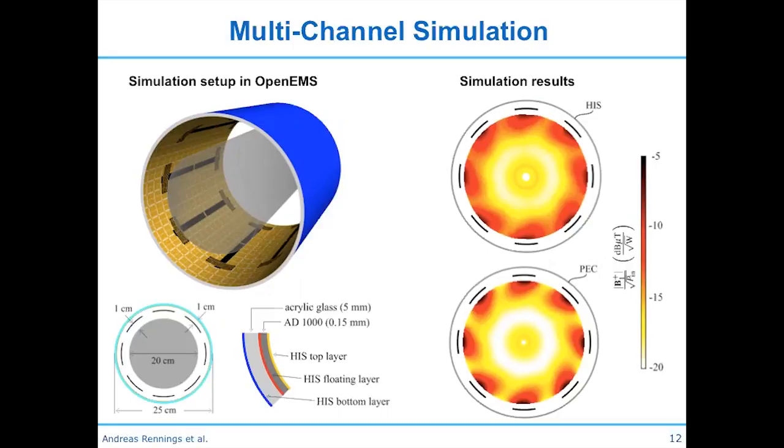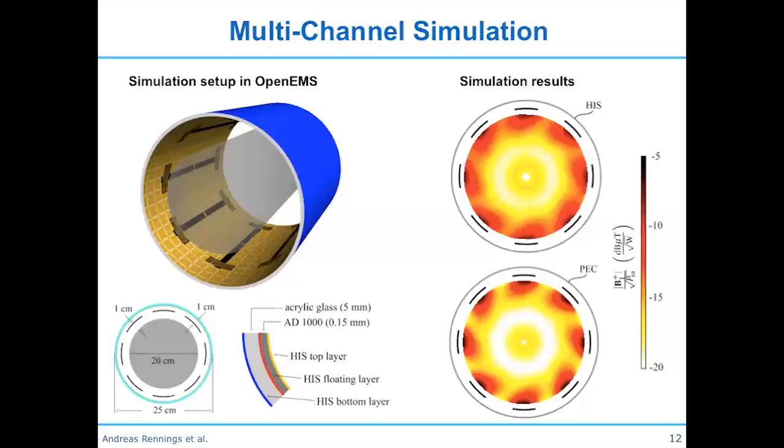Again, we used a cylindrical phantom with the corresponding material parameters. And here you can see the details. The diameter of the phantom was 20 centimeter. The distance between coil and phantom was only 1. And the distance from dipole to HIS shield or the PEC shield was also 1 centimeter.